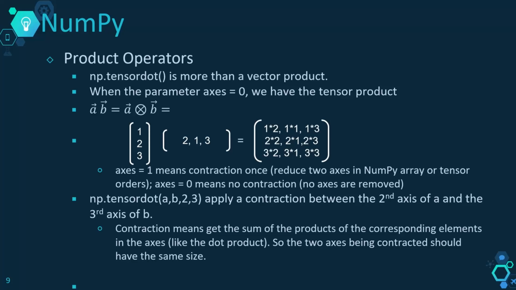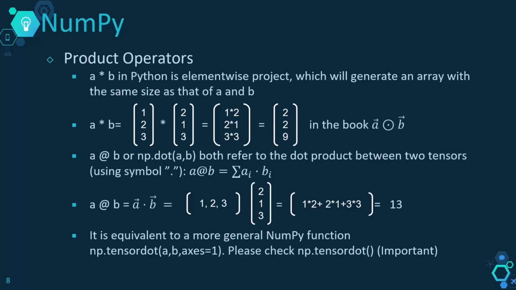So the inner product or vector product or the dot product in the previous slide, just like, first get a product of them, then we do a single contraction. You do one single contraction, then you will reduce the total number of orders by 2 because you kind of merge 2 axes. So this first one is a first order vector or is an array, 1D array, 1 axis. You combine them, in theory you should get 2 axes, right?